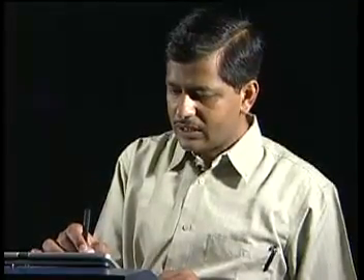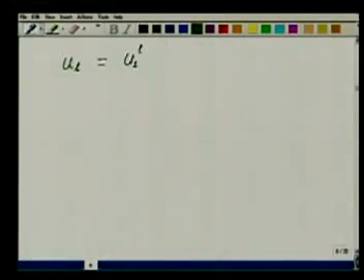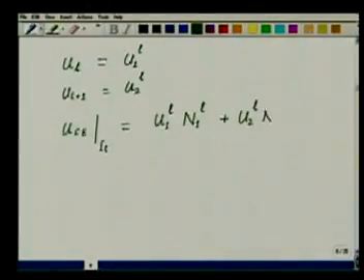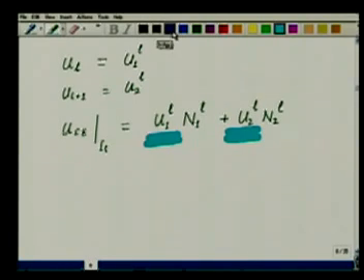So you should remember that UL is equal to, in the element, U1 of L, and UL plus 1 is equal to, in the element, U2 of L. So what do we have? u_FE restricted to the element L is equal to U1 of L N1 of L plus U2 of L N2 of L. Okay. So these guys have to be given a name.